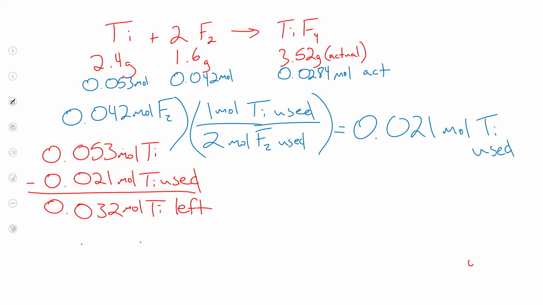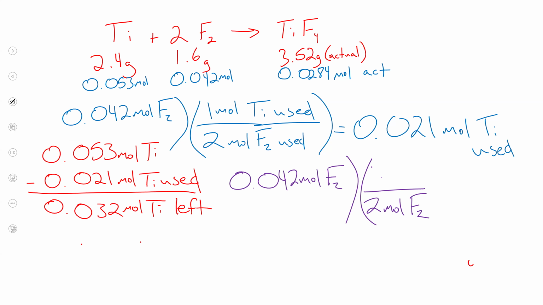Because fluorine is the limiting reactant, that's the number we're going to use for everything. So 0.042 moles of fluorine. Every 2 moles of fluorine, 1 mole of titanium fluoride.